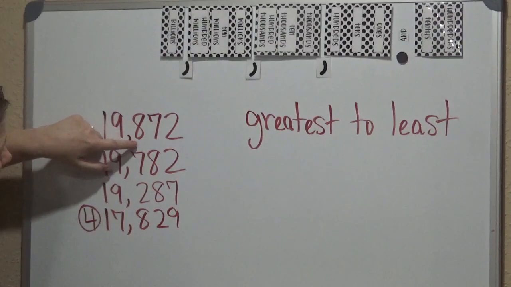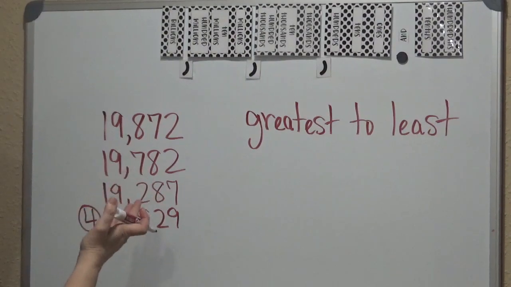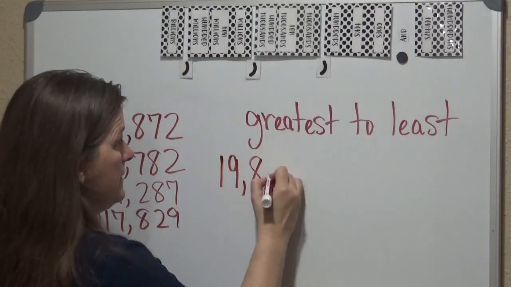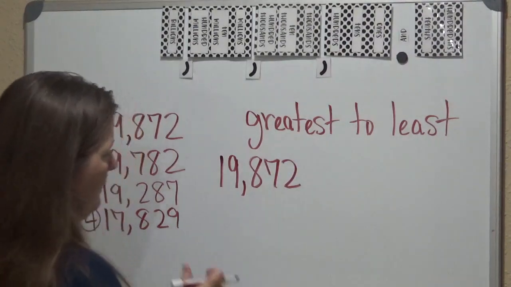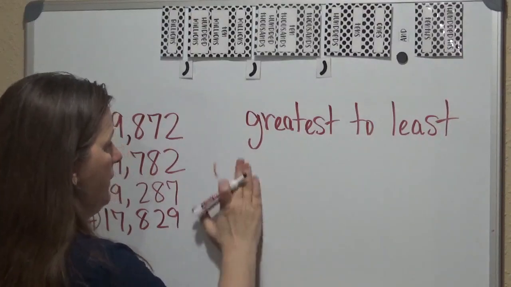Okay, so we've got 8, 7, and 2. We're looking for the largest amount. So which one's the largest amount? 800, 700, or 200? We know that 800 would be the greatest amount. So it's going to be 19,872 is greater than, and I'm going to probably have to write these numbers smaller so we can fit it all in on the page.